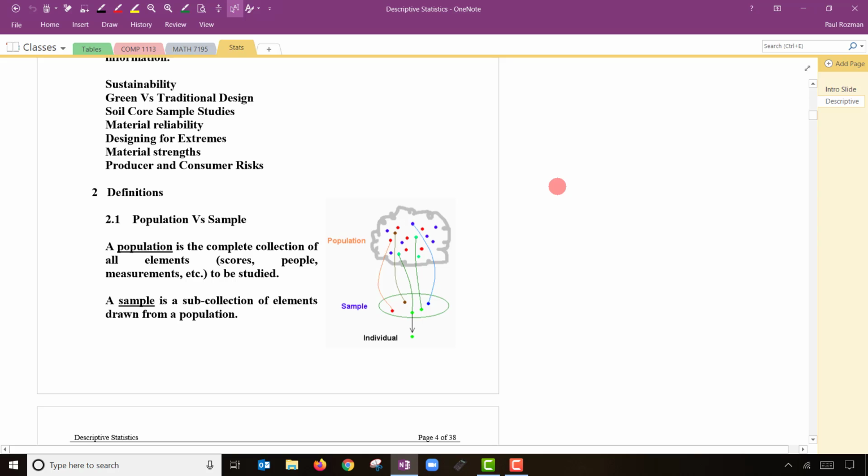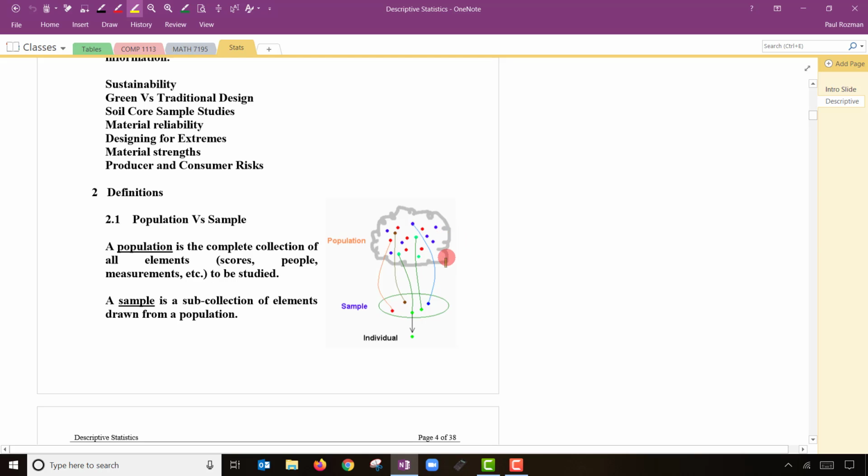The big thing that we need to get right off the bat is the difference between populations and samples. The population is the complete collection of whatever you'd like to study, and a sample is some subset of that. Basically, we would like to study an entire population, but it's too expensive or too difficult to study everyone.